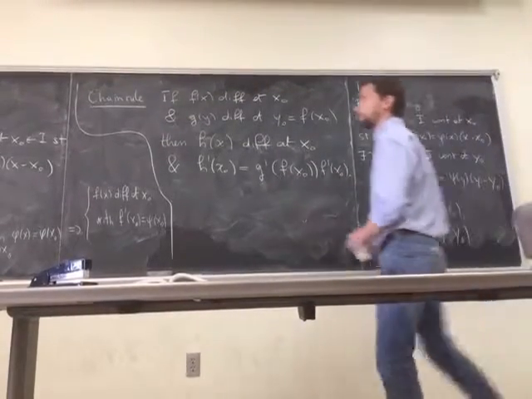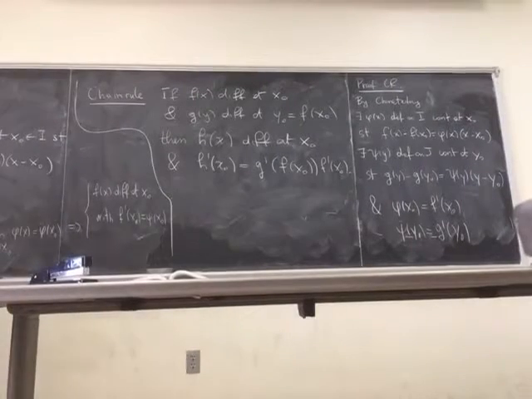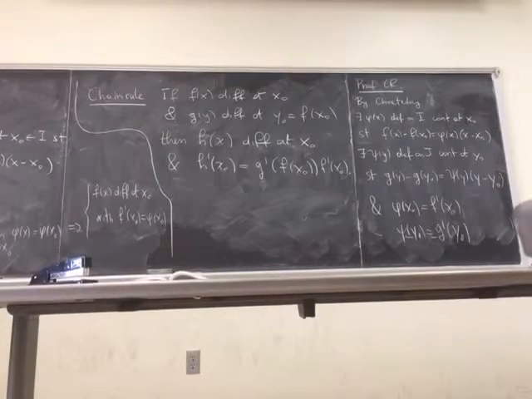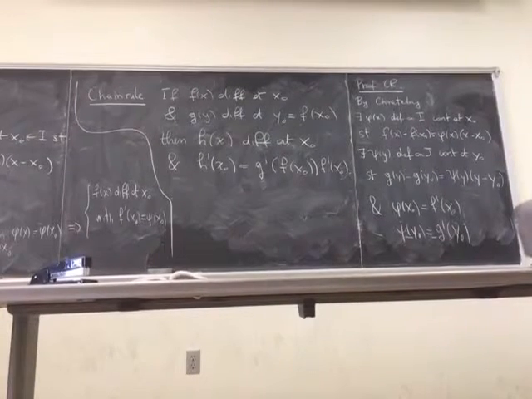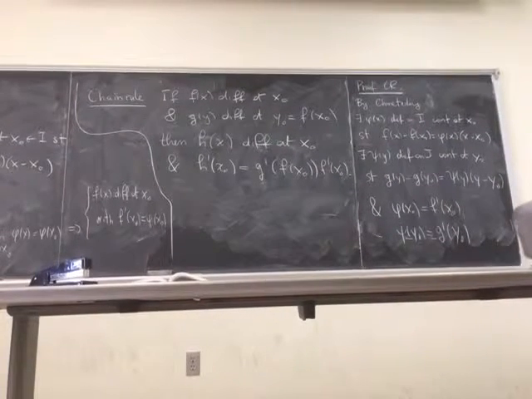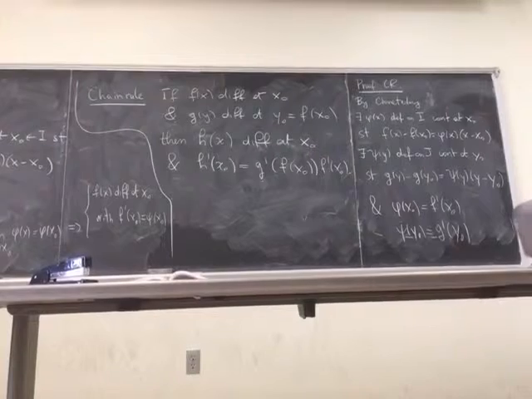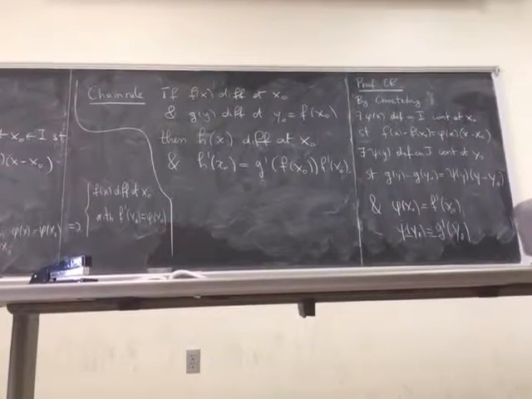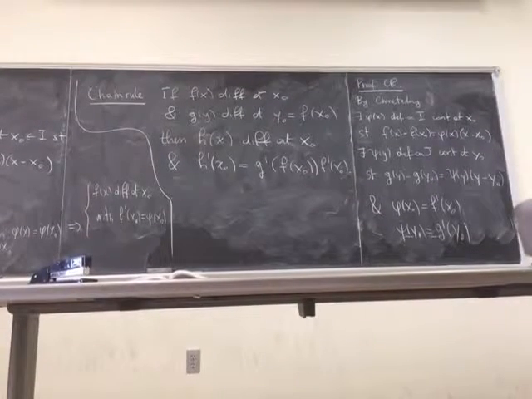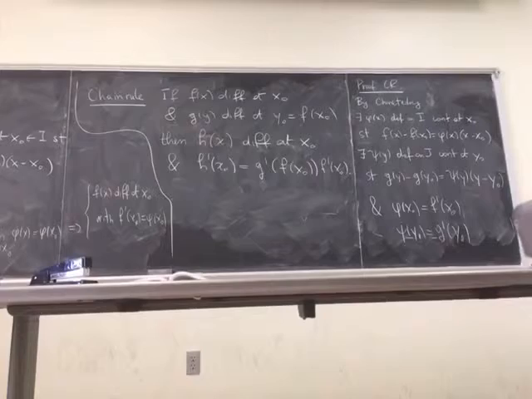So I just plug everything together and I'm done. Because what I'm going to do is simply to say, well, then what about the composition? When I have g of f of x minus g of f of x naught, I can always divide it by x minus x naught.